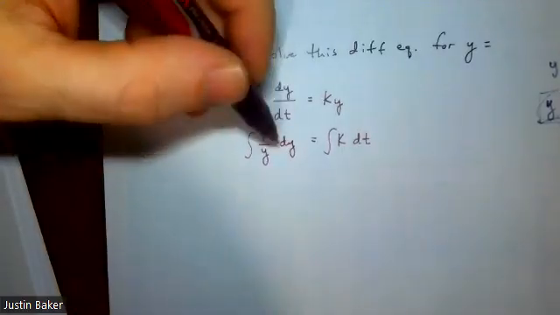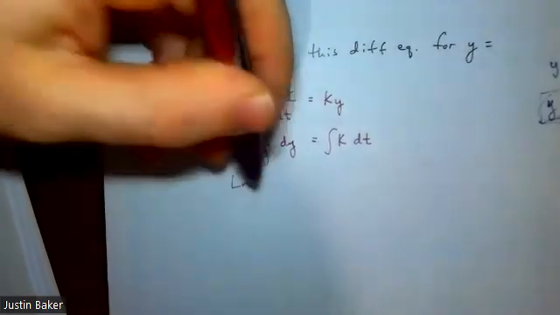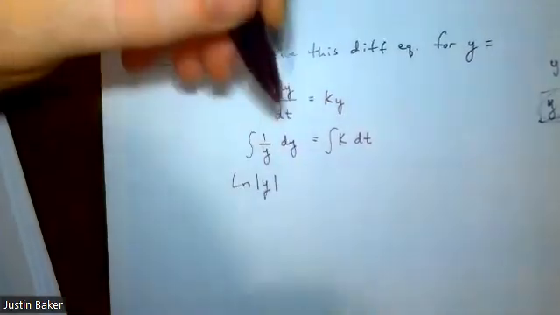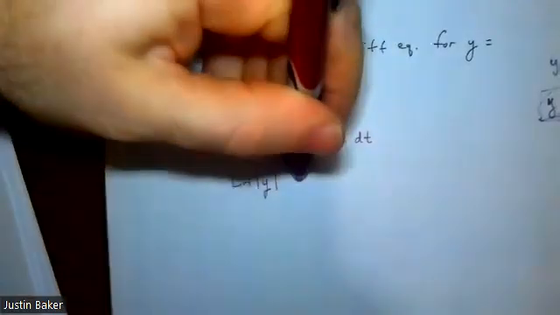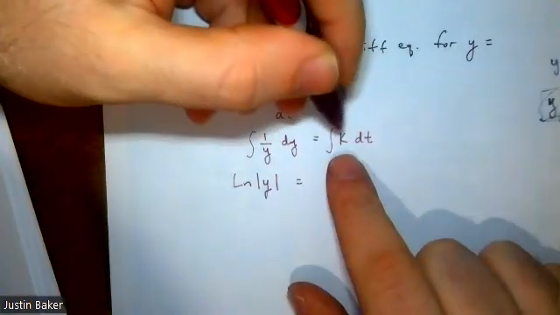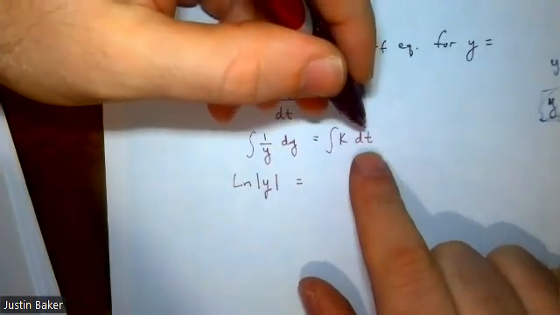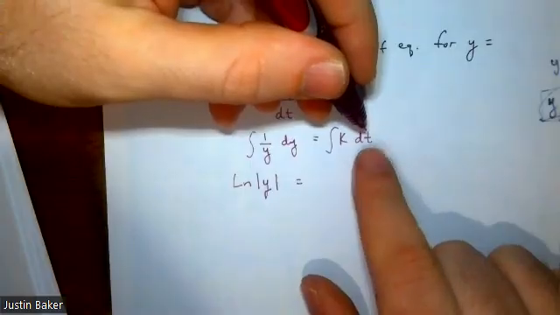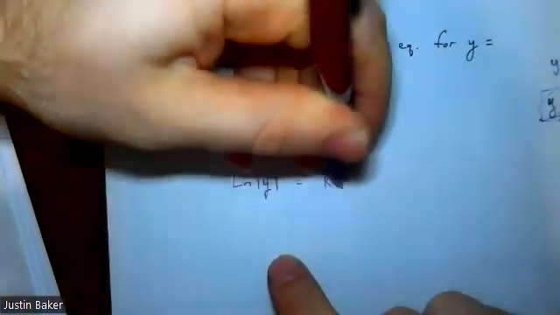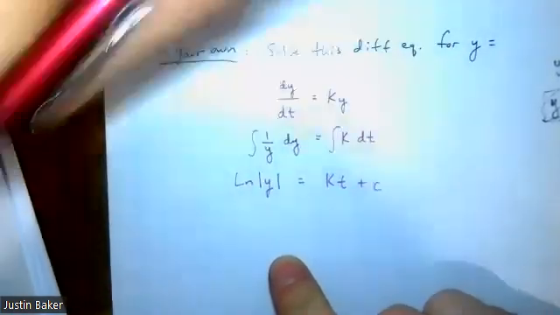Those all result in natural log. So that's natural log of y is equal to, now remember, k just stands for some number. So if some number gets integrated, it's going to be some number times the variable, and the variable we're working with is t. So this is going to be kt plus c.